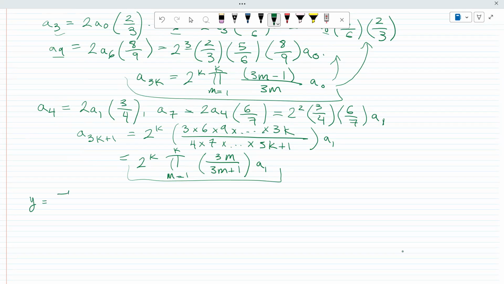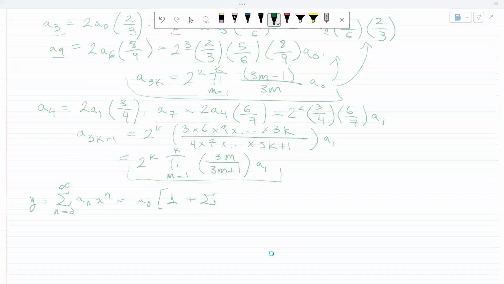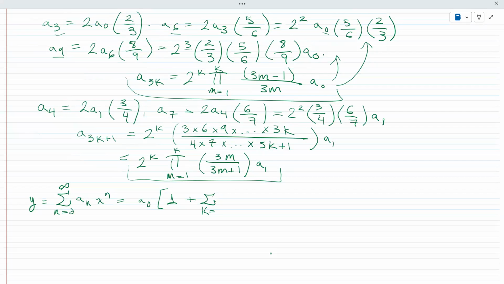So we know that y is equal to the series from n equals 0 to infinity of a_n x^n, which will be equal to a0 times 1 plus, we add this one so that we have a0 included in our expression, plus the series from k equals 1 of 2 to the k, big product, m equals 1 to k of (3m minus 1) divided by 3m times x^(3k). So this is looking at our first relationship right here.